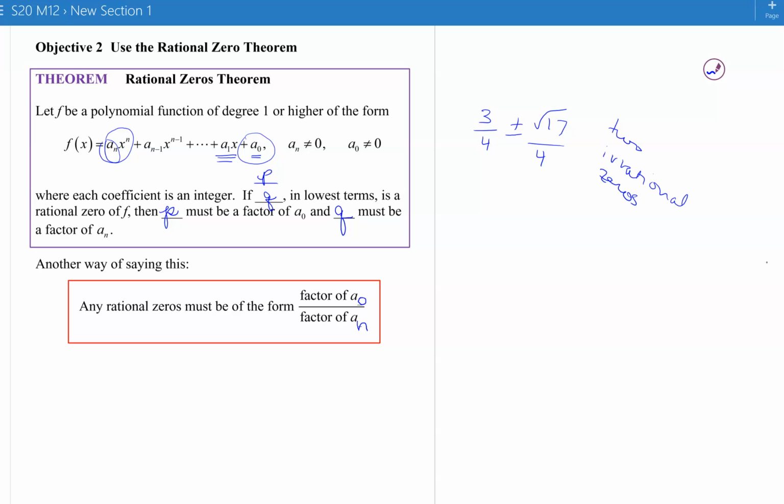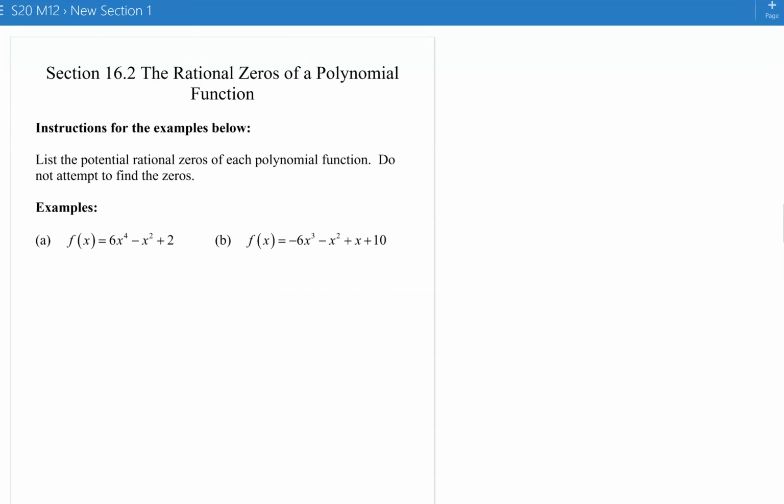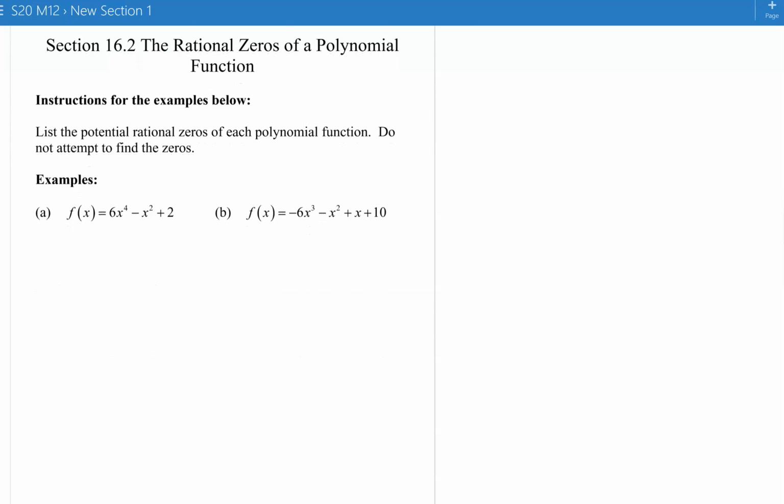It says if there are rational zeros, then they will have to be on this list of factors of a sub 0 over factors of a sub n. So let's look at an example. And this example just says to list the potential rational zeros. Just make a complete list of all the possible rational zeros without attempting to find them.